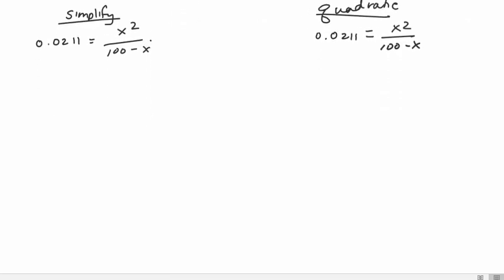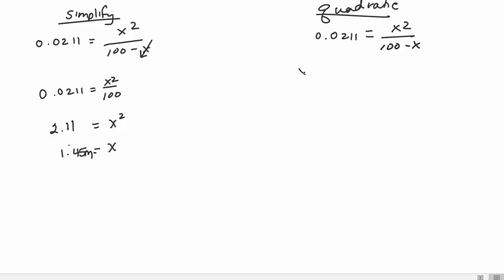Not these x's, those need to stay, but the x that is being added or subtracted is going to be dropped. So now I have 0.0211 equals x squared over 100. Multiply both sides by 100 to get x squared equal to 2.11. Take the square root of both sides to get an x value equal to 1.45 molar.